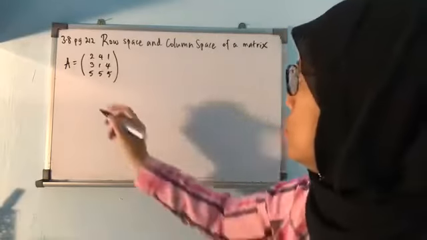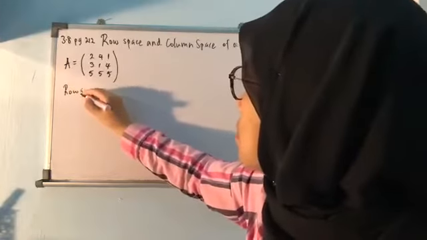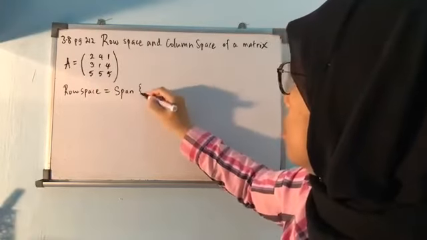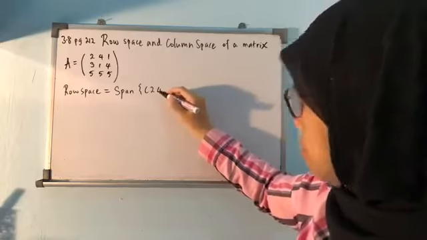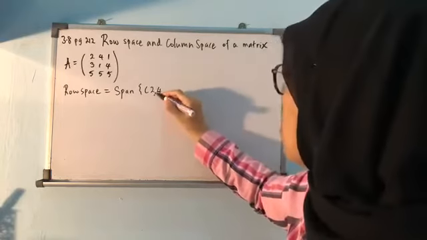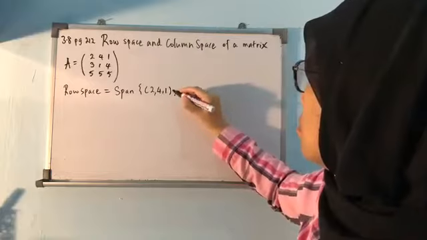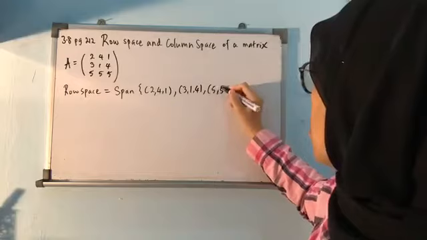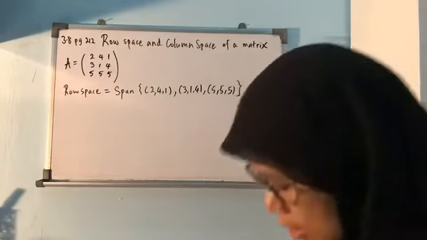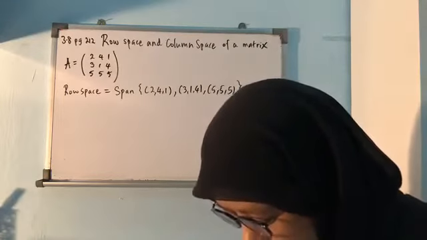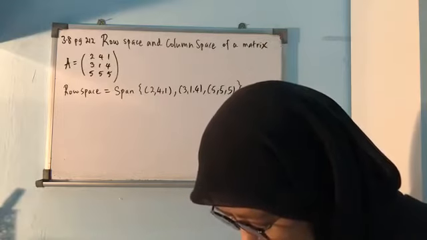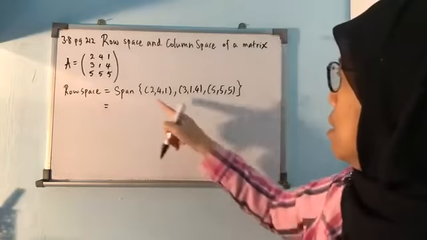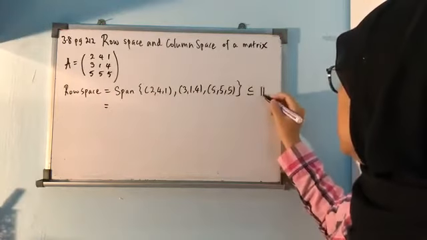Okay, so row space is the span of these three rows, which is actually in R3, right? This is in R3.